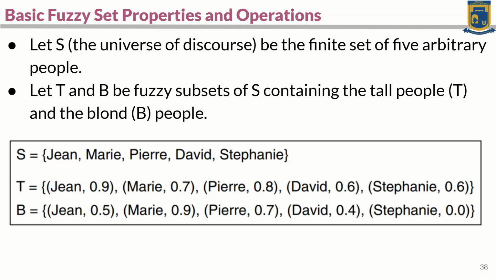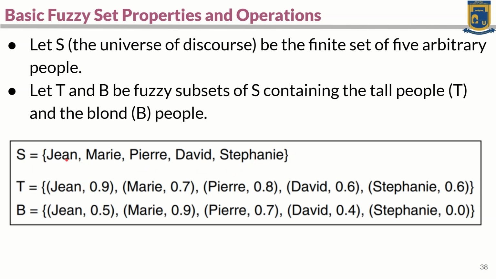Now we have people who are part of our universal set. Can we talk about some of these features, the degree of tallness or the degree of blondness? So we have a set here, which is a subset of our universal set. We pick John or Jean, then Marie and Pierre, and David or Stephanie.